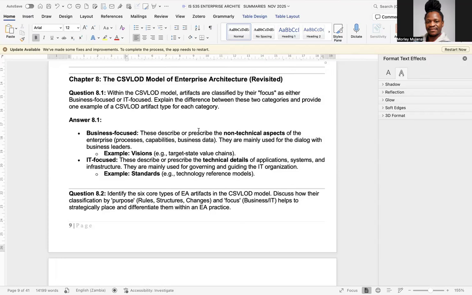So those are the two categories and the differences between them, and we've provided an example in each case. So just remember that the distinction is vital for making sure that the right conversation is happening with the right stakeholder. I think that's the main takeaway from this.